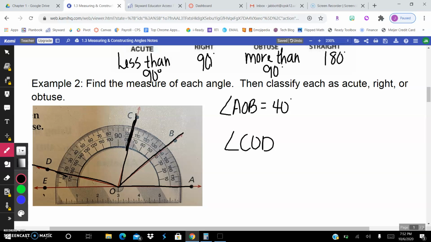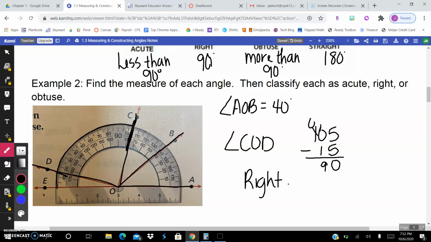So it is 15 degrees less than 105 because that 105 is actually from this straight line down here. So if I do 105 minus the 15, I get 90. So this angle is actually a 90-degree angle. And if we classify it, that would be a right angle. And the 40-degree angle is less than 90, so that would be an acute angle.